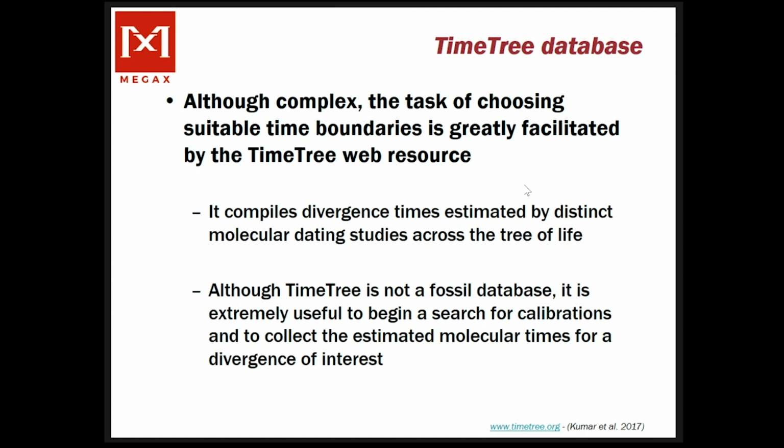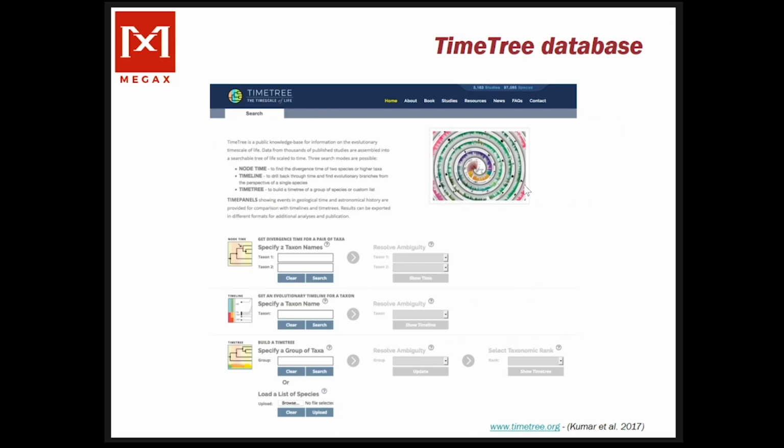Although this is not a fossil database, it is extremely useful to begin a search for calibrations and to collect the estimated molecular times for a divergence of interest. So if you have a divergence of interest, the TimeTree database is very useful so that you can go there and look for all of the studies that have been performed and estimated divergence times for that node.